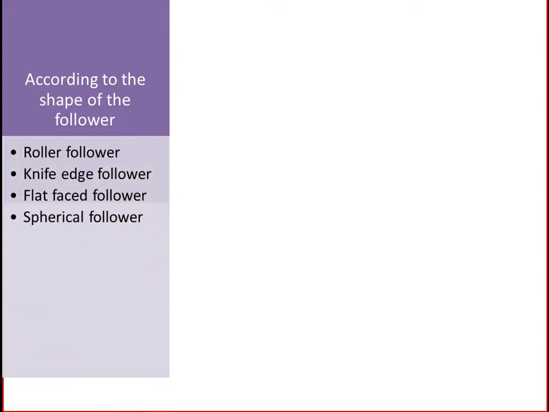Now we will see types of follower. The types of follower are classified, according to the shape of the follower, into roller follower, knife edge follower, flat faced follower and spherical follower.